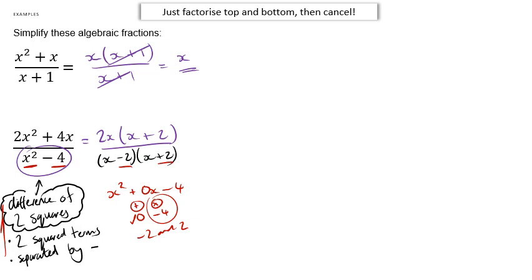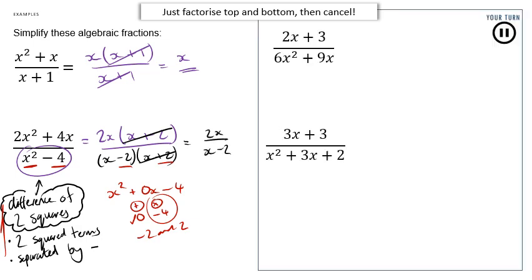From here we can now look to simplify our fraction further. We can divide top and bottom by x plus 2, and that will give us 2x divided by x take away 2. Pause the video, have a go at these 2 practice questions.